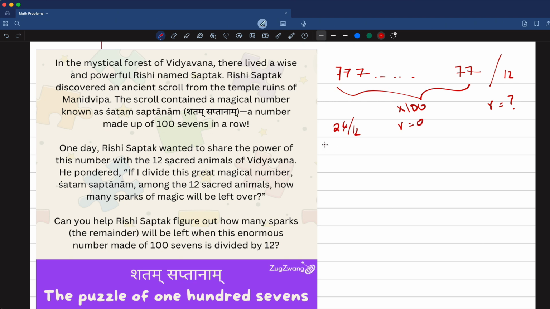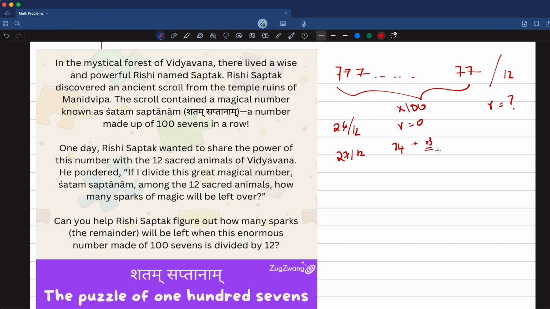In other words, 12 equally divides 24 and the remainder is 0. If a number doesn't equally divide, for example 27, then 24 would get divided, but there'll be 3 left over, which would be considered the remainder.